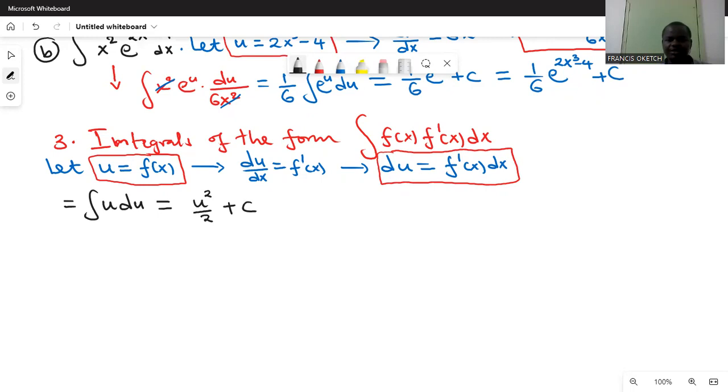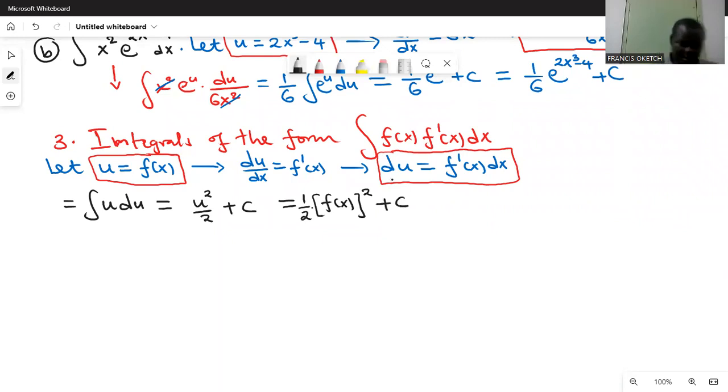And if you replace u, you'll get f of x, because that is our u, f of x squared. This is over 2, so I can just write 1 over 2 times f of x squared plus a constant c.